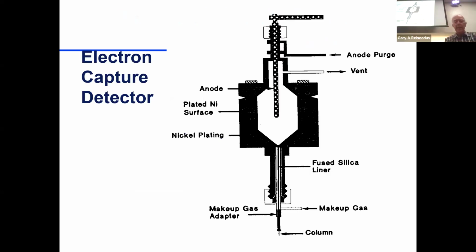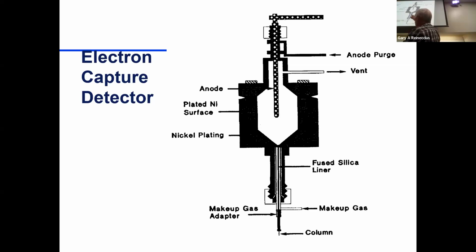This electron capture detector, this is a detector that certainly finds use. It's, again, unique in what and how it works. Basically, in this case, we actually put a coating on the inside. So we've got our column in here, we've got our makeup gas, then we have that chamber with this rod sticking down.